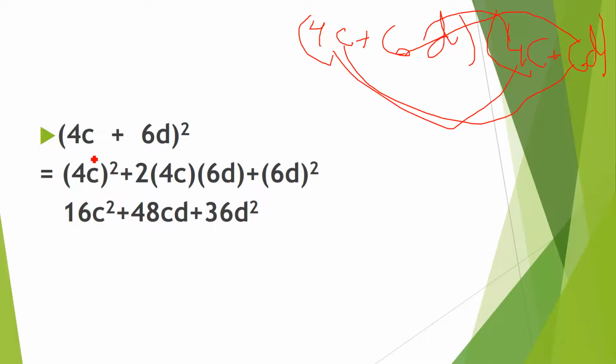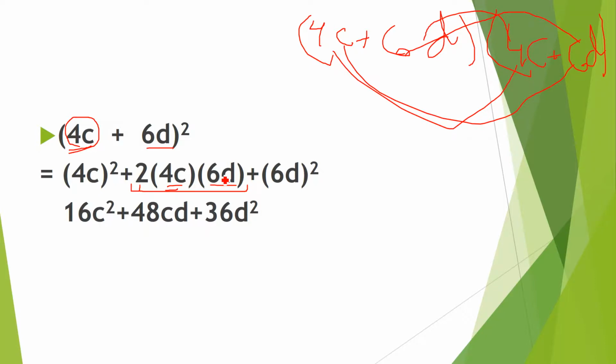If there are two things, two numbers, and these numbers are in the parenthesis and the square of it, so you have to use a plus b whole square. So this one with the a, instead of a now we have 4c, so make the square of 4c, 4c whole square, plus 2ab, this is 2, instead of a we have 4c, instead of b we have 6d, so 2ab.